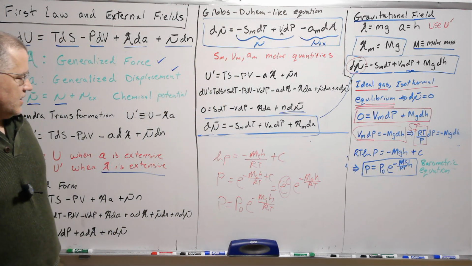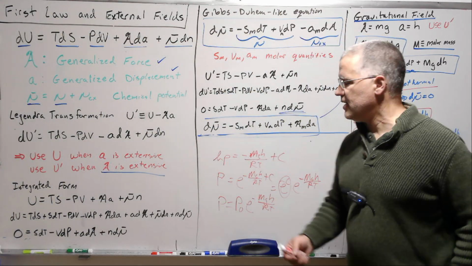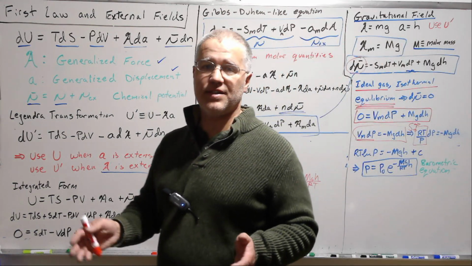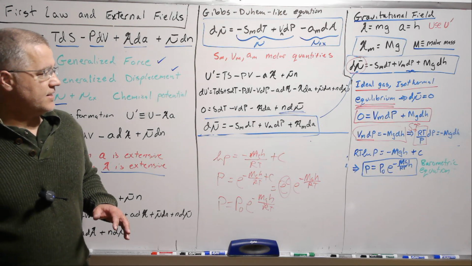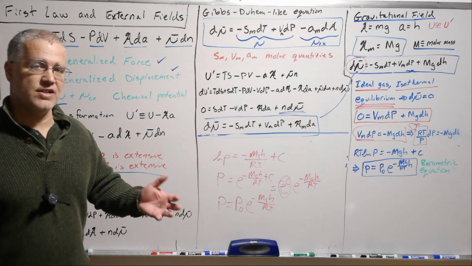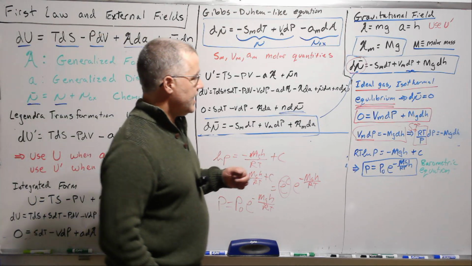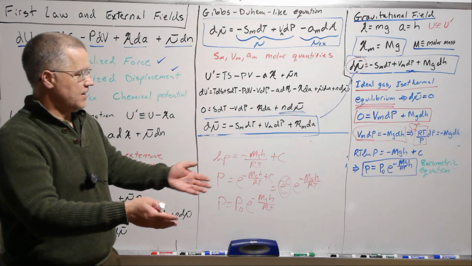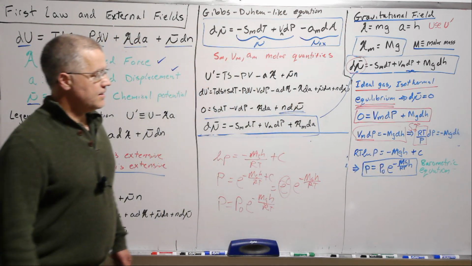So I think we'll stop here, but one fun thing you could do as an exercise is, say you have a mixed gas with different molecular weights. They're ideal gases, so they don't interact, and they independently follow the barometric equation.